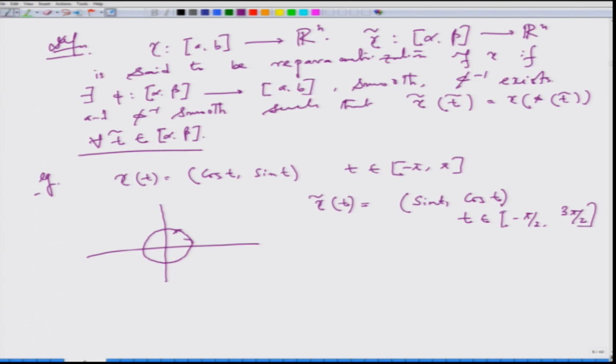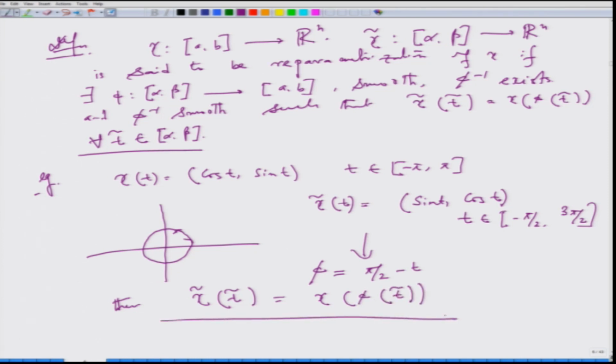You will immediately verify that if I take phi equal to pi by 2 minus t tilde, then gamma tilde(t tilde) equals gamma(phi(t tilde)). This will represent the same curve, but the parameterizations are different. These two are different functions, right, and defined on different intervals.